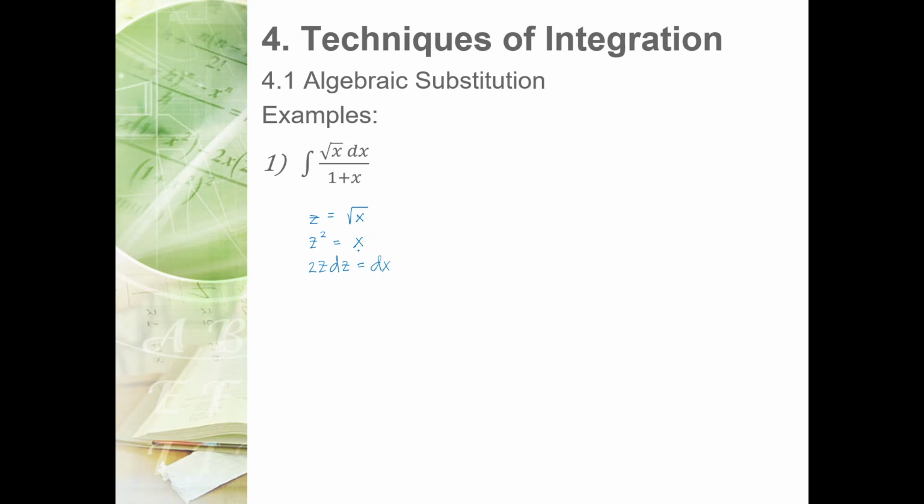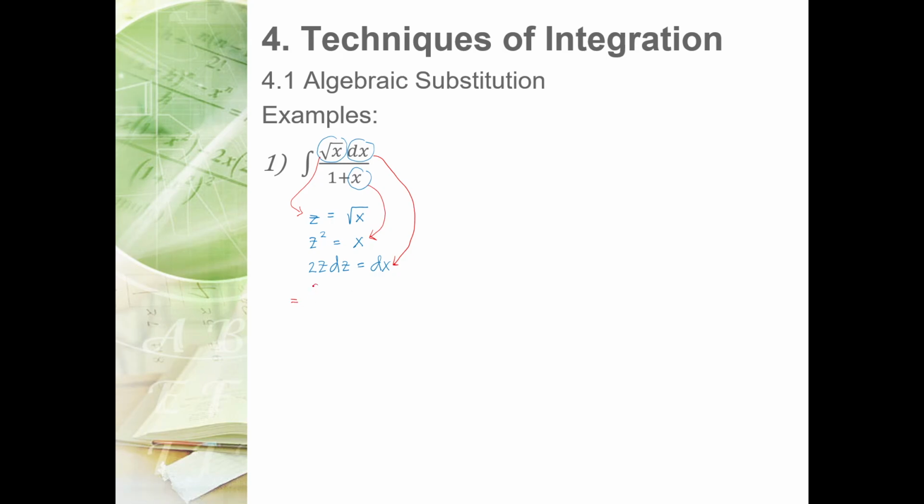Okay, so notice that in the integral of square root of x dx over 1 plus x, the radical and the x variable can be replaced in the given equation. Square root of x becomes the z parameter, dx becomes 2z dz, and the x variable becomes z squared.